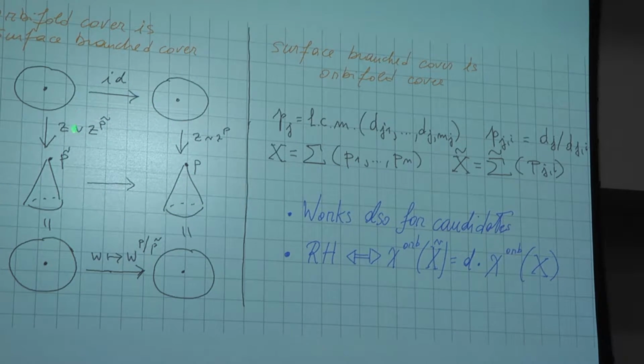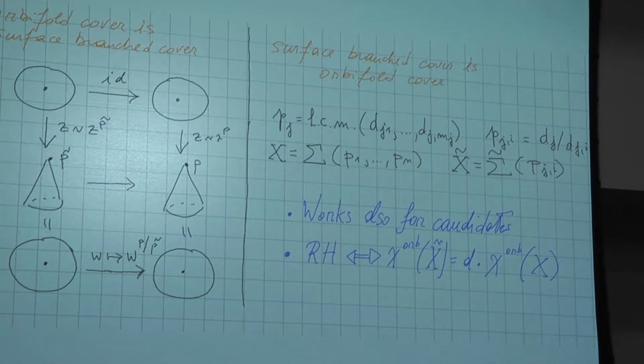We saw the local model for an orbifold cover is obtained by these quotients, z equivalent to z times e to the 2 pi i over p, and you get this map by pushing down the identity. If you identify the neighborhood of the cone point with the disk itself, in these coordinates the map is just w goes to w to the p. So it's a local model of a branch cover. And the other way around.